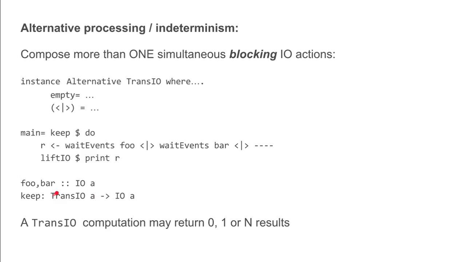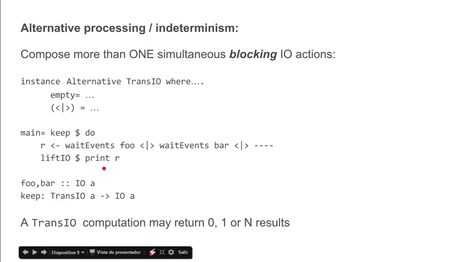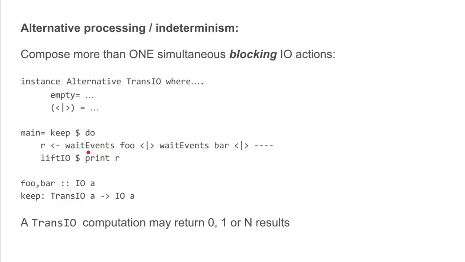So we have that TransIO, which is the monad that runs this do operation, might return 0, 1, or n results, because you see here, how many results this expression returns. We don't know, it depends on the result of this and this. If this blocks infinitely, no result is returned, and so on.